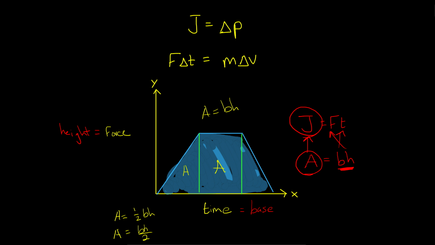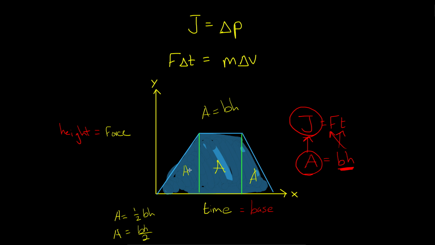Again, you would need to find the base from that point to that point, and the height from that point to that point. And then for this last shape here, again, you would need to find the base between these two points and the height between these two points, and then use the equation base times height divided by 2 to solve for that area.